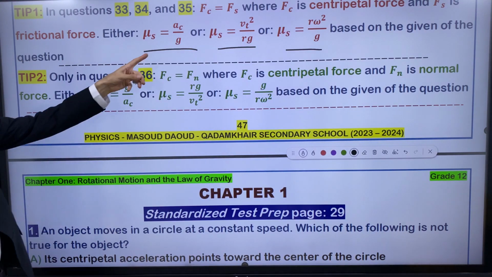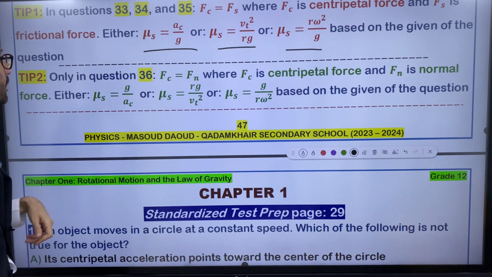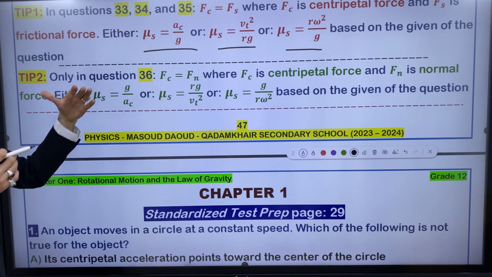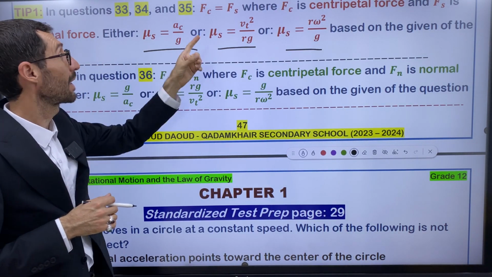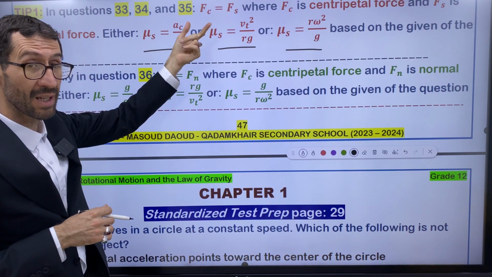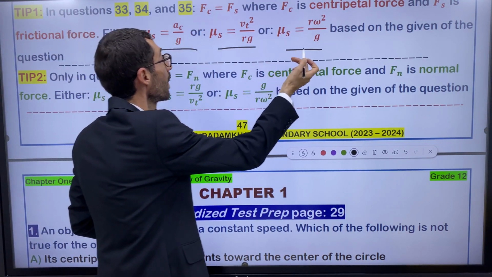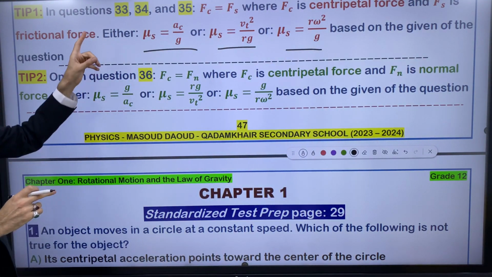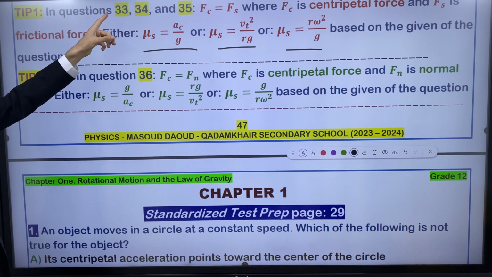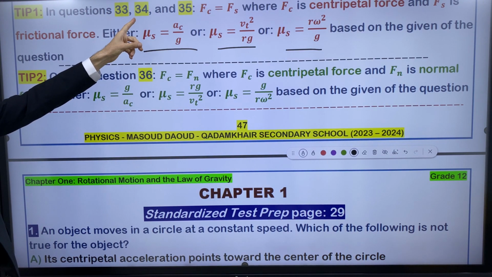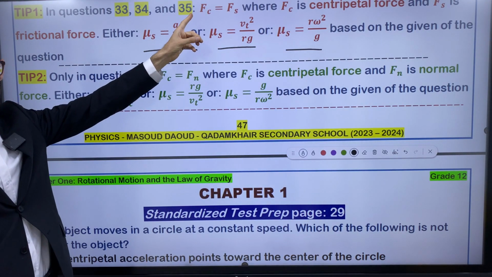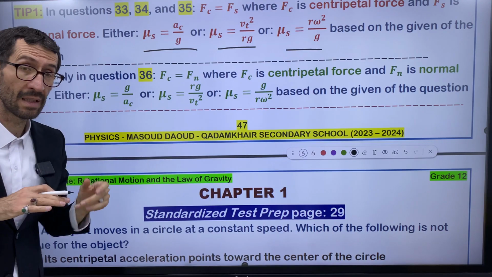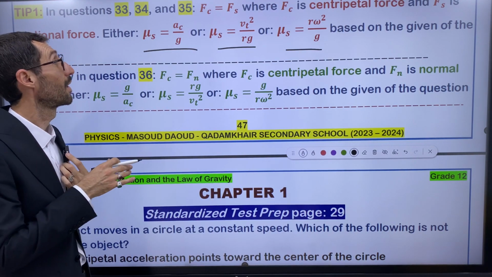But this is the original rule, AC over G. Let me add one more equation here. In questions 33, 34, 35, question 33 is about the car, 33 and 34. 35 is about a copper block.